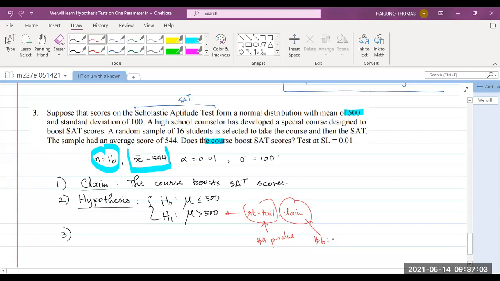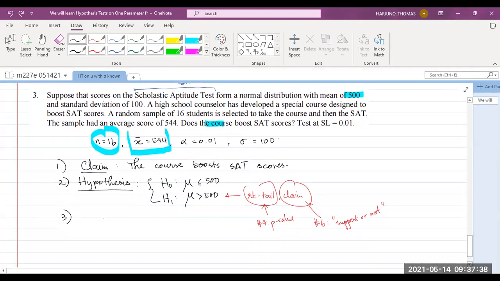Then the wording later on will be, do we support or not support the claim? If the claim is with the null hypothesis, then the wording will be reject or not reject the null hypothesis. So again, the one in red is something you don't need to write. You can, but you don't have to. In your formal report, you don't write that. That's just your own information on how to proceed later on.